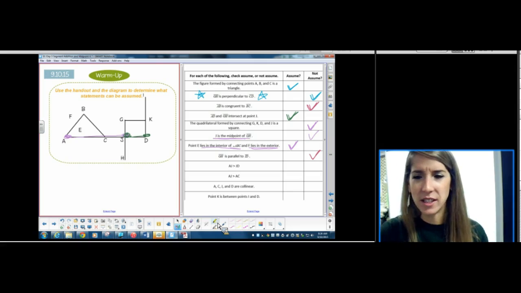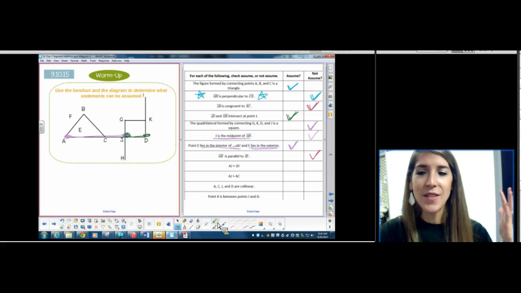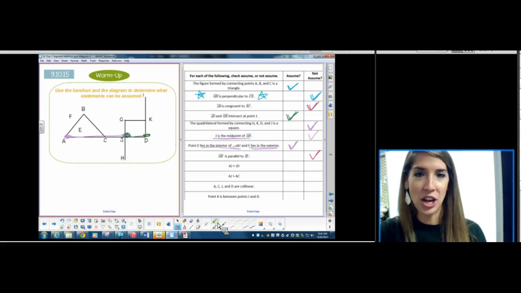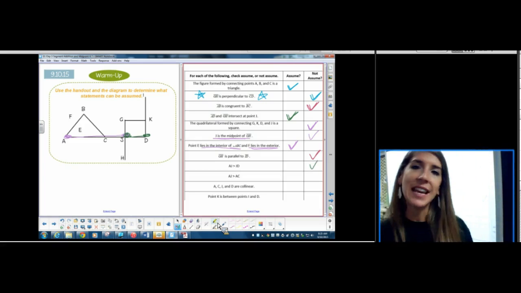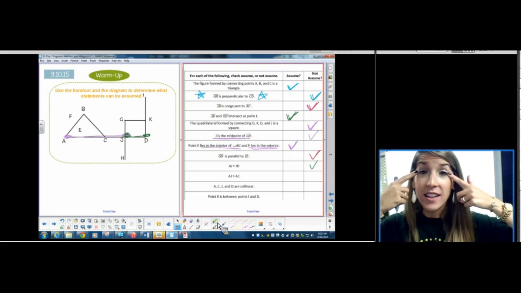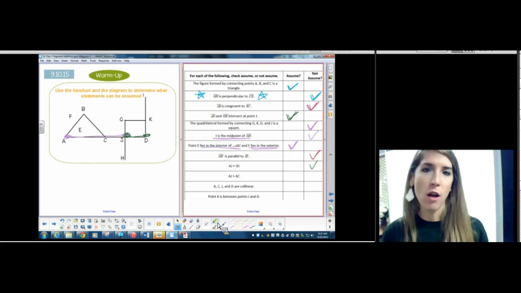That diagram was not drawn to scale. Well, that's our right. We're allowed to not draw diagrams to scale. So even though AJ looks greater than JD, without any numbers, without numerical evidence, we cannot assume that it really is bigger. We don't know the actual length of those lines. Even though our eyeballs tell us it looks bigger, we have not confirmed it.